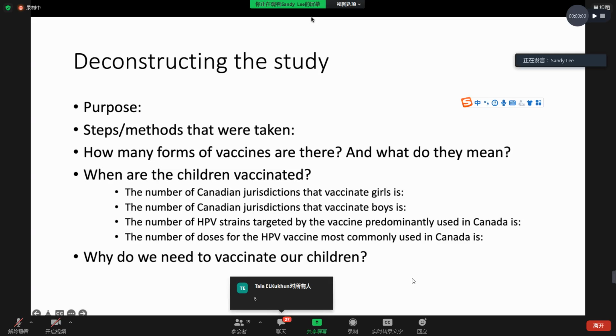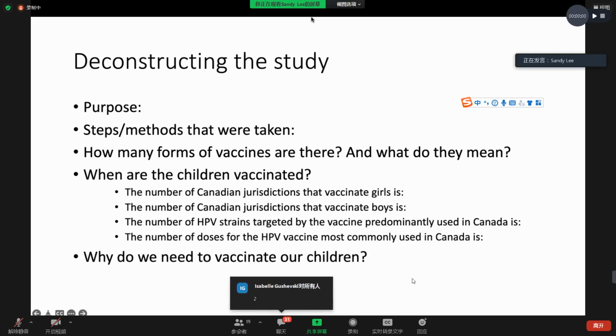Okay, and the number of HPV strains targeted by the vaccine predominantly in Canada is? Perfect, 4 is correct. And the number of doses for the HPV vaccine most commonly used in Canada? 2, perfect.